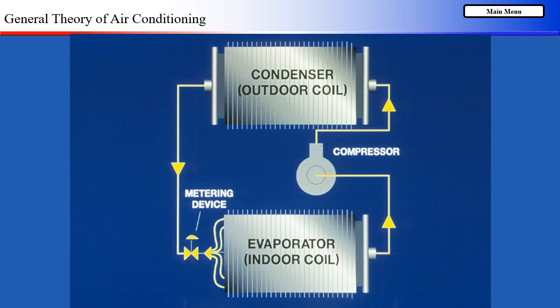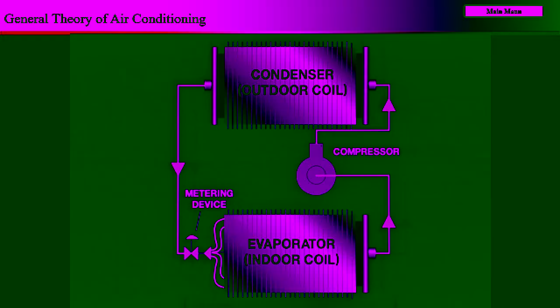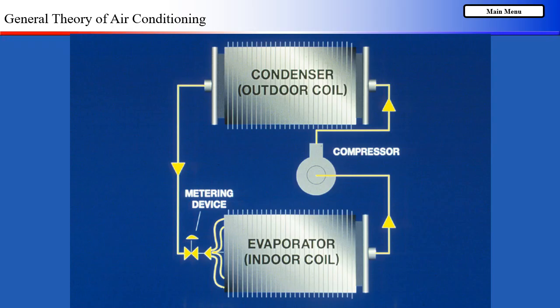As shown in the schematic diagram, a mechanical refrigeration system has 4 basic components: the evaporator, or indoor coil, the compressor, the condenser or outdoor coil, and the metering device. A fluid, a liquid or gas, called refrigerant, is circulated through each component for the purpose of removing heat.